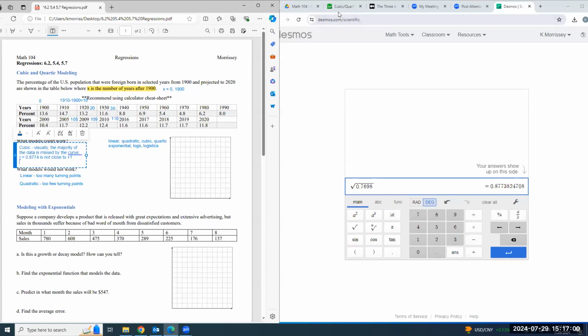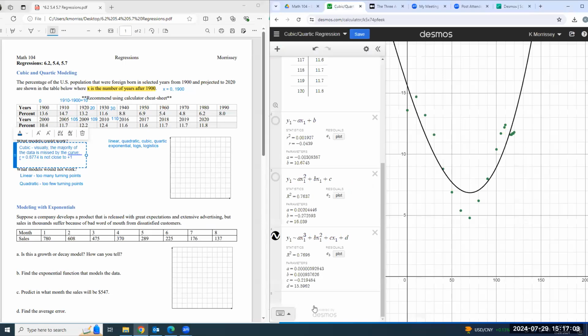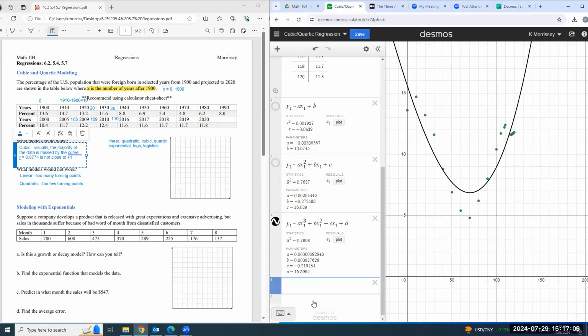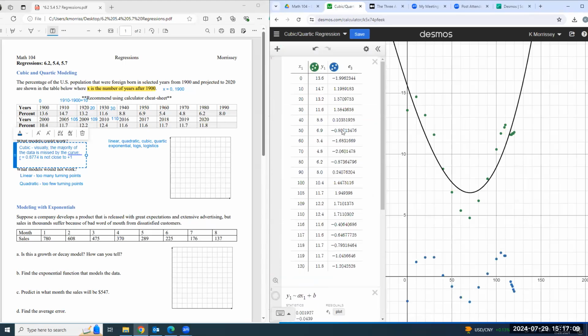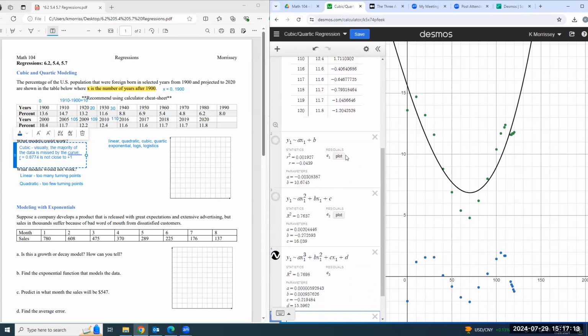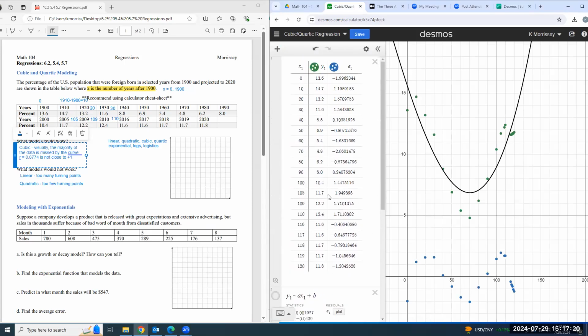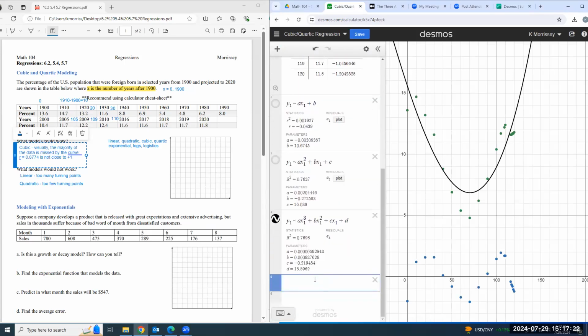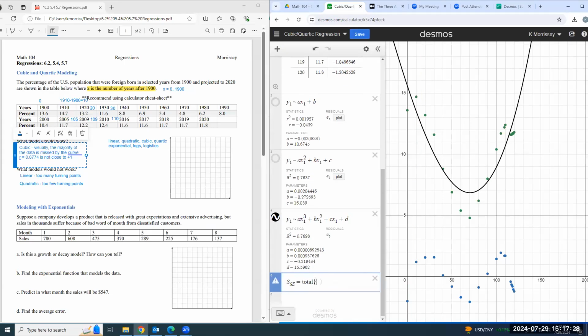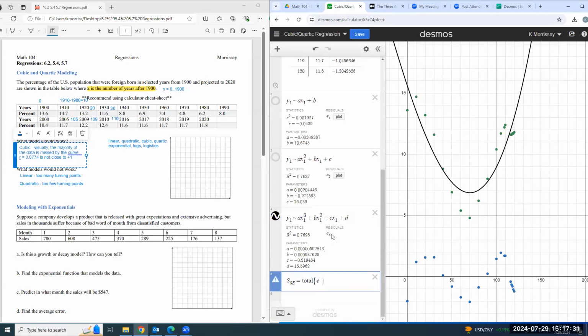And the last is going to be your average error. To get your average error, we're going to first select the residual plot. Now this is going to be located in E3. If you're following along with my video, the reason for it is that we have more residual plots, just that I haven't plotted them. So when we go to find your SSE, we do total E sub, and then we type in 3.